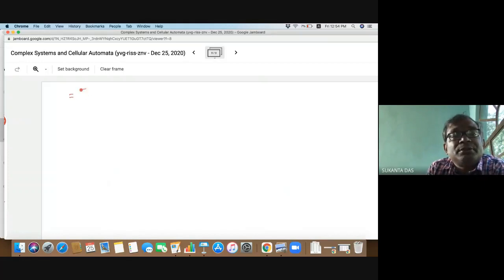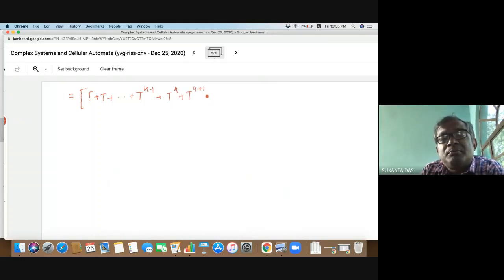It will be like this: I plus t plus to the power k minus 1, plus to the power k, then to the power k plus 1, plus dot to the power 2k minus 1 into x. Let me first delete this part. So this part is 0. This part is 0, right?